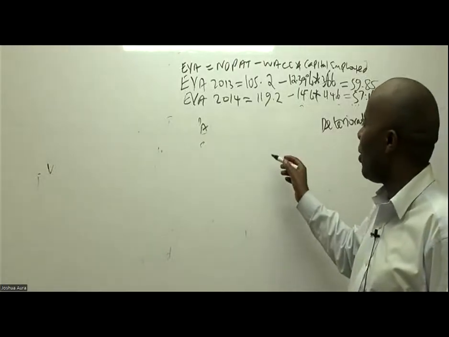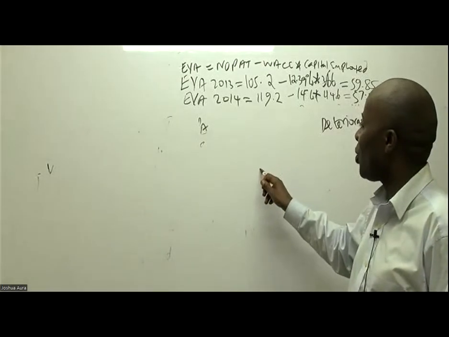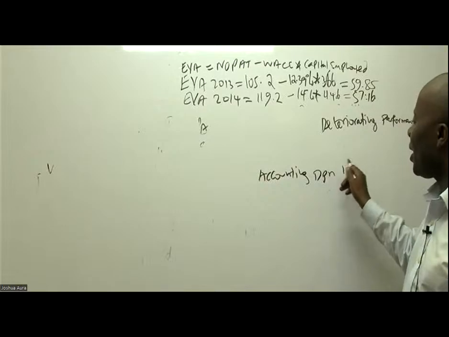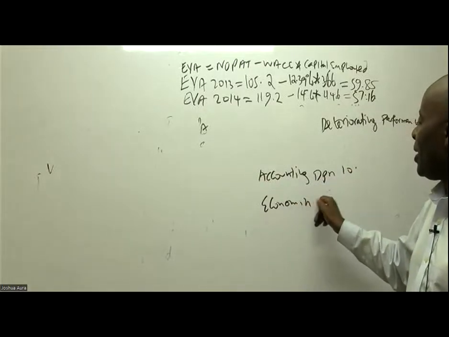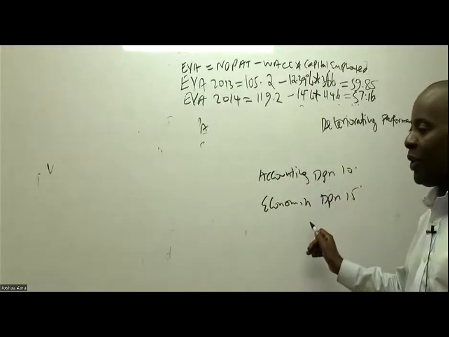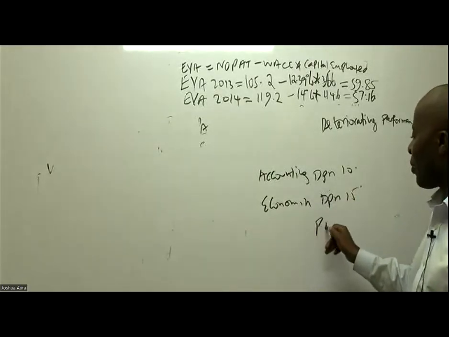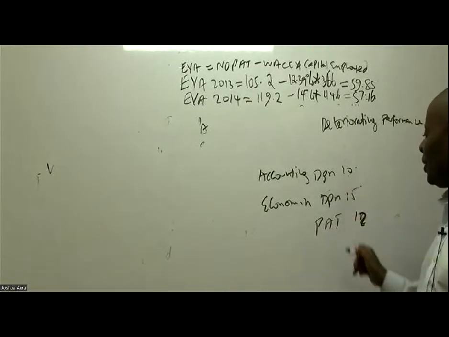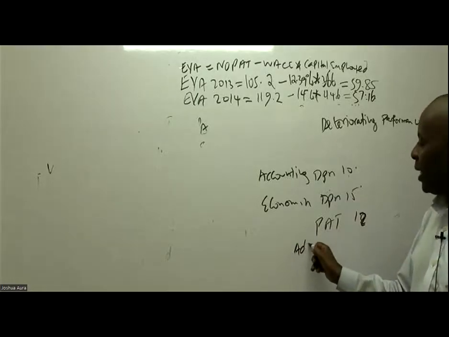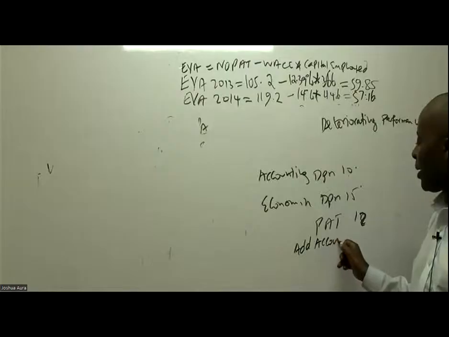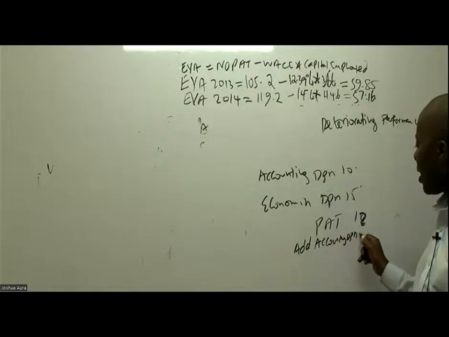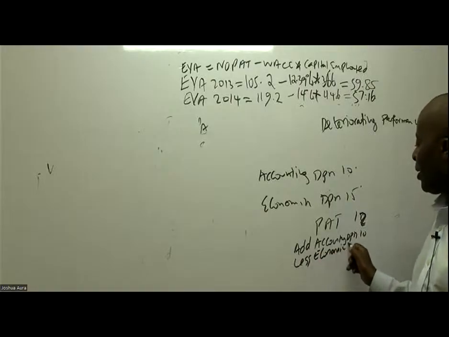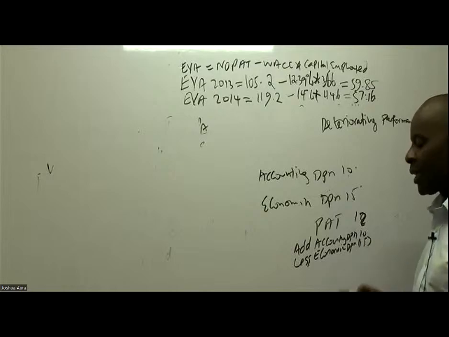There is somebody who was asking about economic depreciation. If, for example, they told us that accounting or book depreciation is 10, and economic depreciation is 15, then in my profit after tax I would have added back accounting depreciation, because it's the bad one, 10, and then less economic depreciation, which is 15, if they're different.